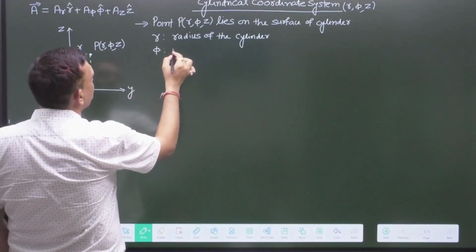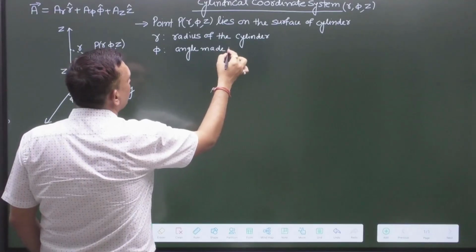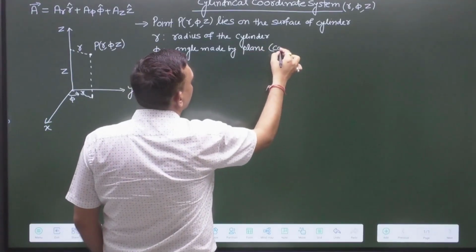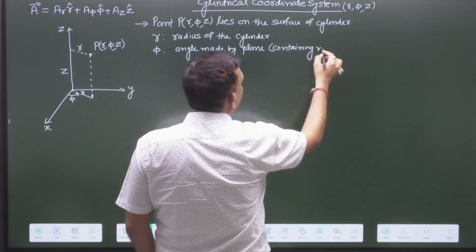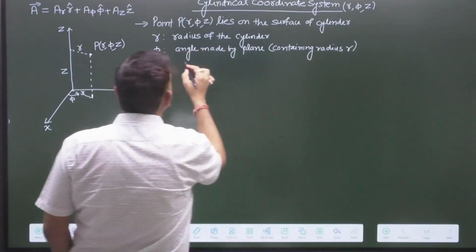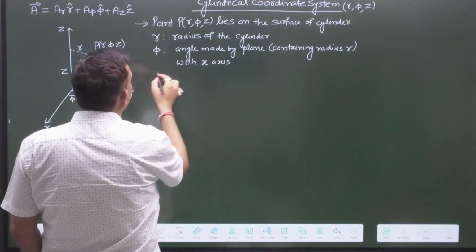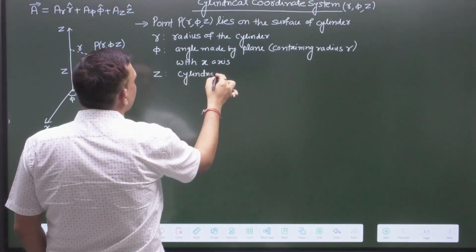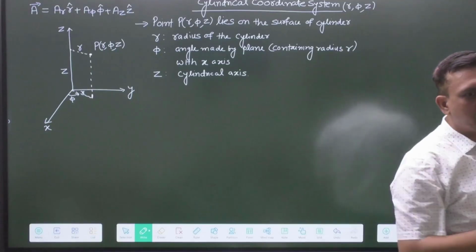Phi is the angle made by the plane containing radius r with the x-axis, and z is the cylindrical axis. So those are the coordinates r phi z.